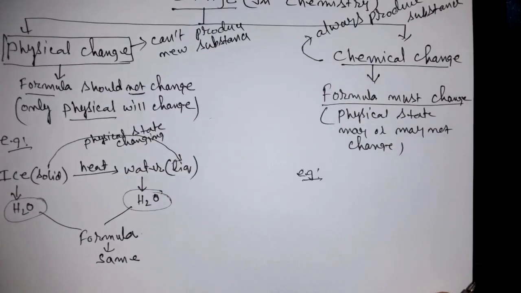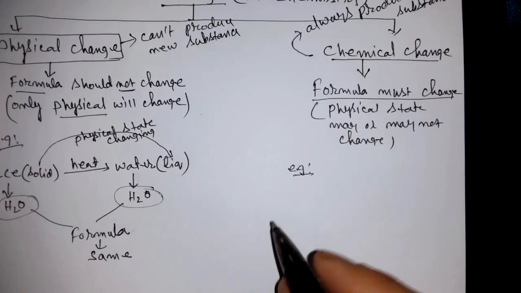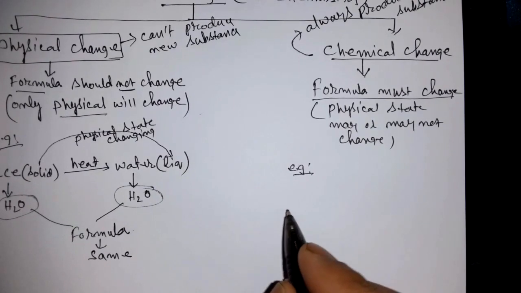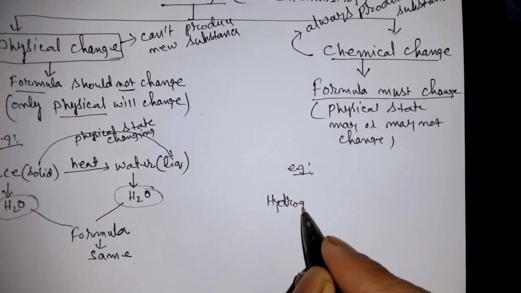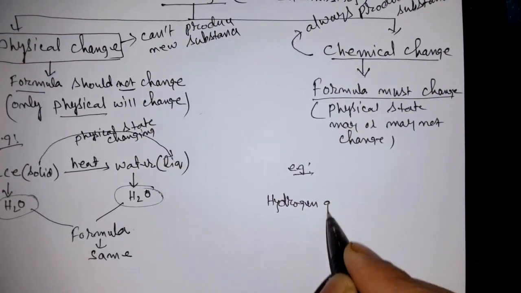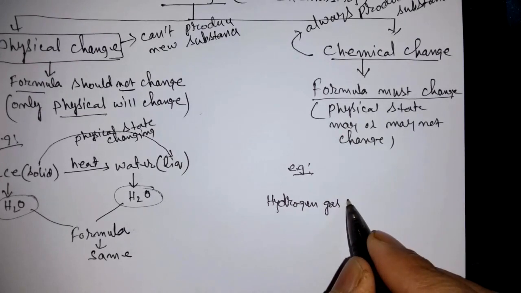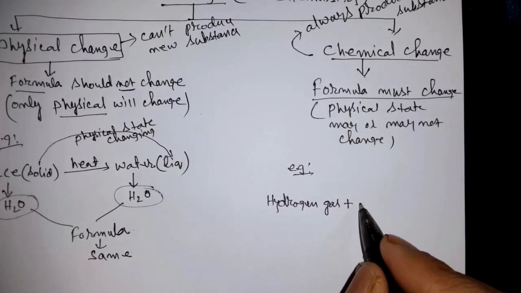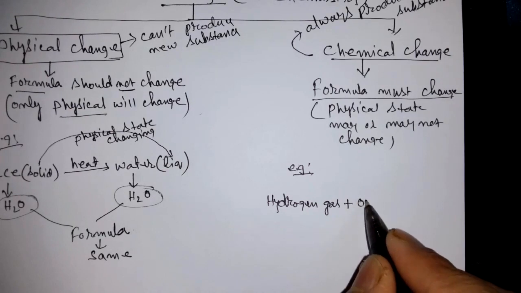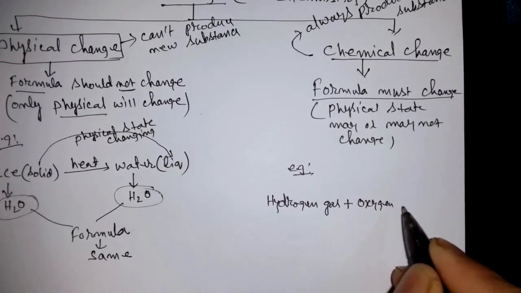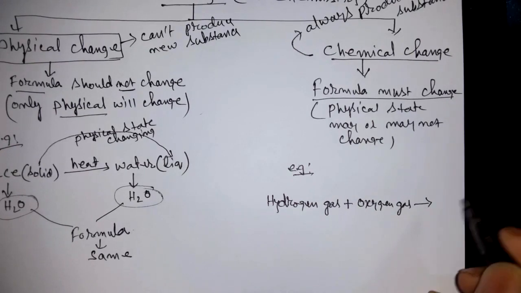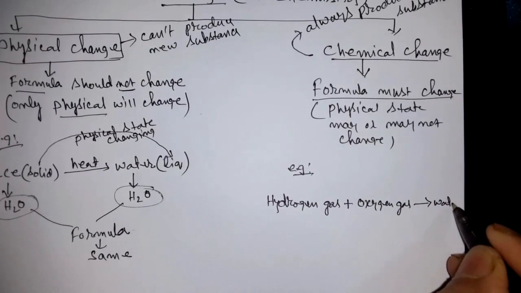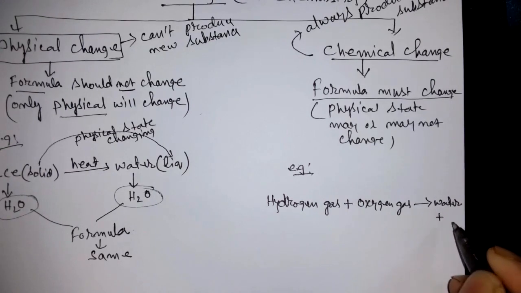Okay, if you want to take example of a chemical change, then let me just suppose hydrogen gas, when it burns with oxygen, then it produces water plus energy, that is heat.